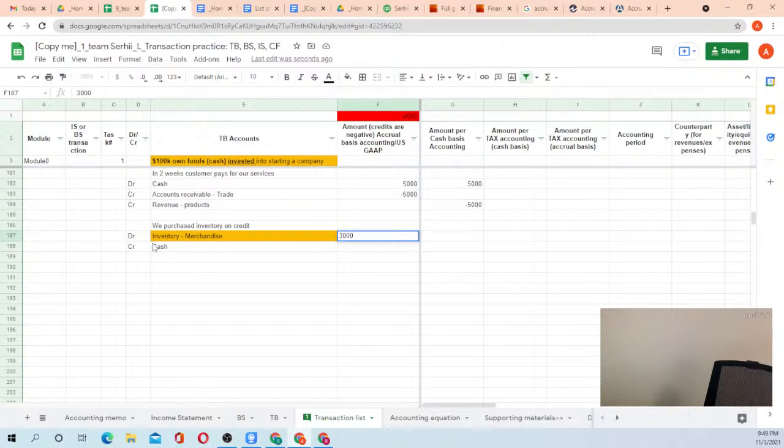$3,000, minus $3,000, and under accrual accounting, we record inventory. We capitalize inventory. We purchase inventory on credit and, okay, in cash basis, we expense that immediately.